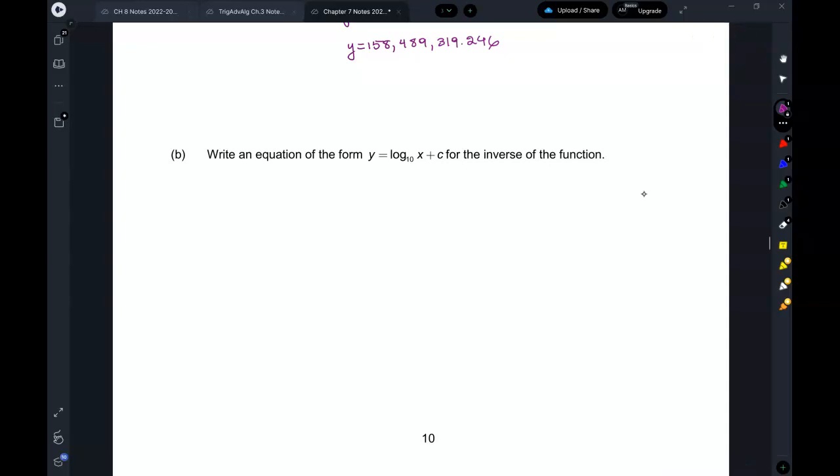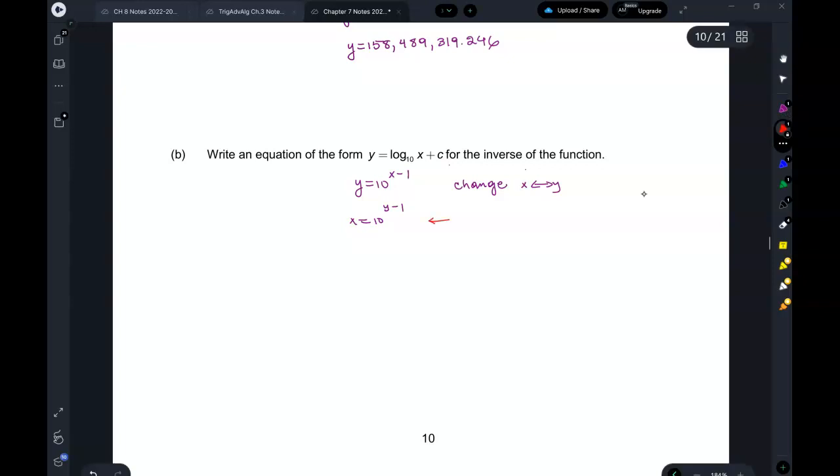Okay, write an equation of the form y equals log base 10 of x plus c for the inverse of the function. So this is the inverse of the function up there. Remember how we find inverses. First thing is interchange x and y. So this becomes x equals 10 to the y minus 1. Now we have to solve this for y, which is all the way up there in the exponent.